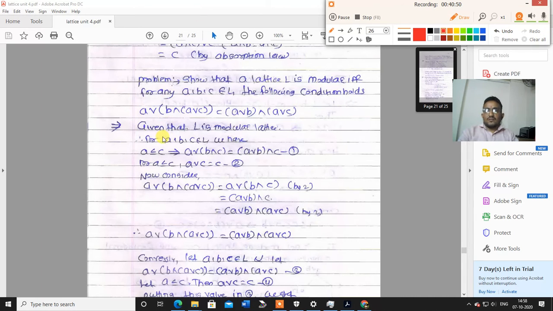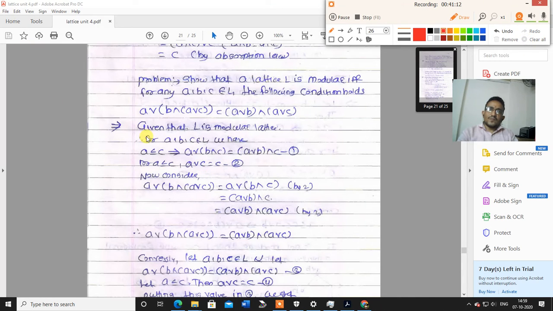So let L be a modular lattice. Then for any elements A, B, C, whenever A is related to C, A join B meet C is equal to A join B meet C. See equation 1. As A is related to C, the join of A and C is C. See equation 2.